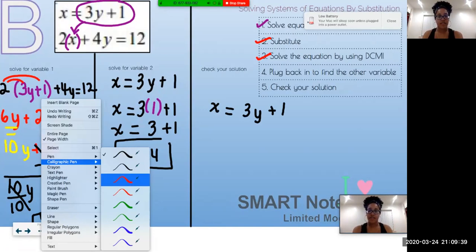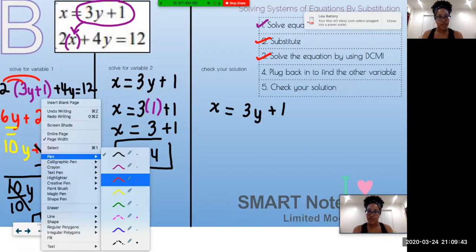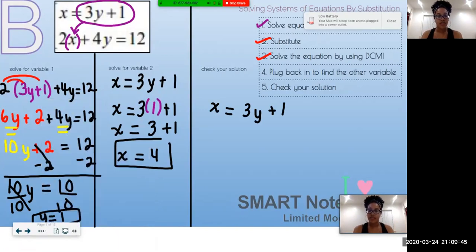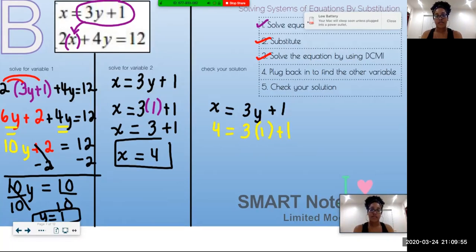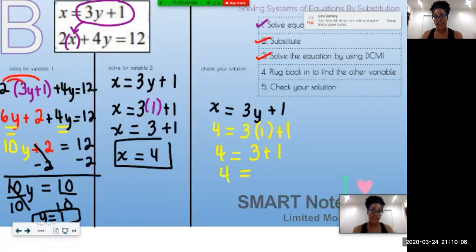So I have x is equal to 4. So 4 should be equal to 3 times y, which we figured out was 1, plus 1. So 4 is equal to 3 plus 1. 3 times 1 is 3. So 4 is equal to, what's 3 plus 1? That's 4. So that works out.